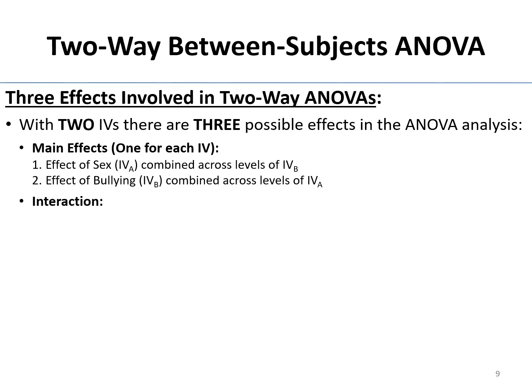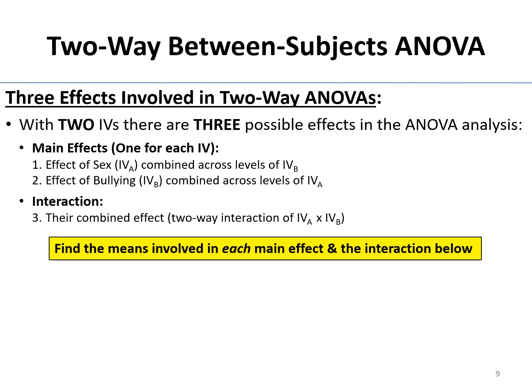Then you got what we call the interaction. And the interaction is the combined effect of both variables at the same time. So the two-way interaction of independent variable A and independent variable B. So the effect of the independent variable differs across the levels of the other independent variable.